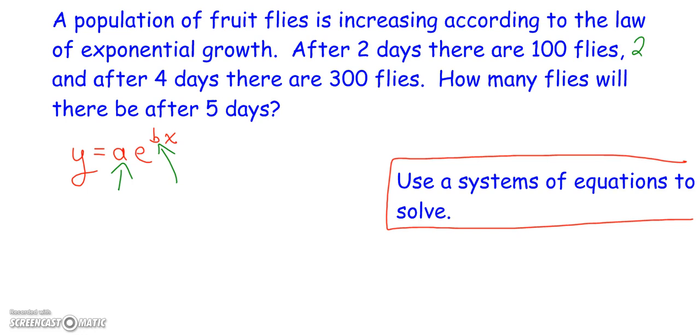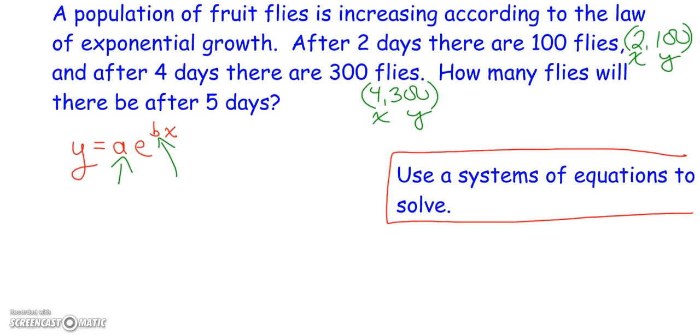To me that reads out as a coordinate. When x is 2, there are 100 flies. And after 4 days there are 300 flies. So that should read out to a similar coordinate, 4, 300. So here I have an x and a y, and here an x and a y.